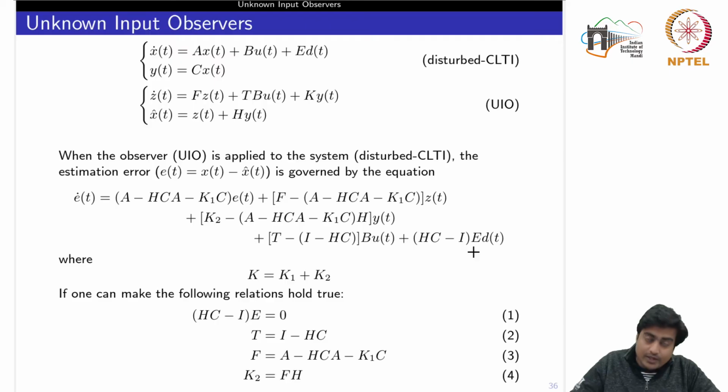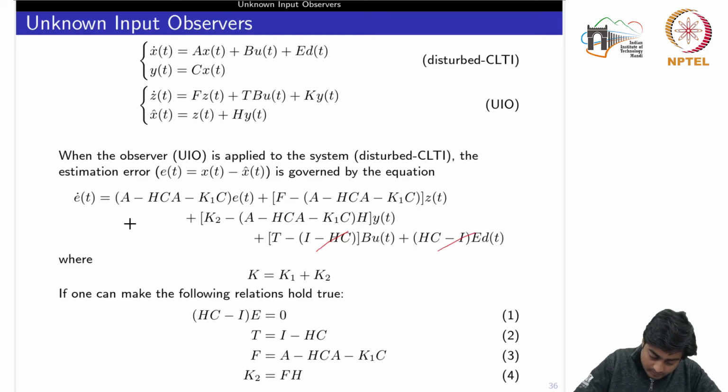So what do we need to solve? We need to solve these four equations, which basically say the same thing, that HC minus I times E should be equal to 0. Now T should become equal to I minus HC, so that this term would go to 0.